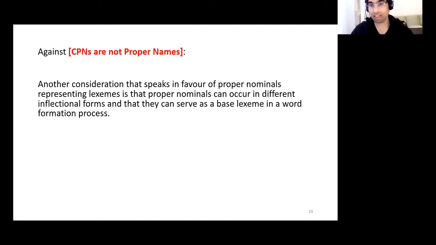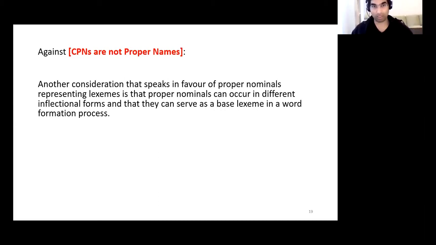Another consideration that speaks in favor of proper nominals representing lexemes is that proper nominals can occur in different inflectional forms. However complex a proper nominal is, let's take the example of Delia graphara. When it gets inflected into its plural form, it just takes the suffix s at the end. So you say something like Delia grapharas. So its internal complexity is irrelevant.